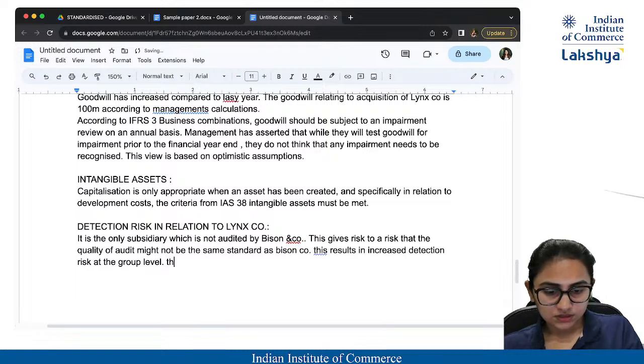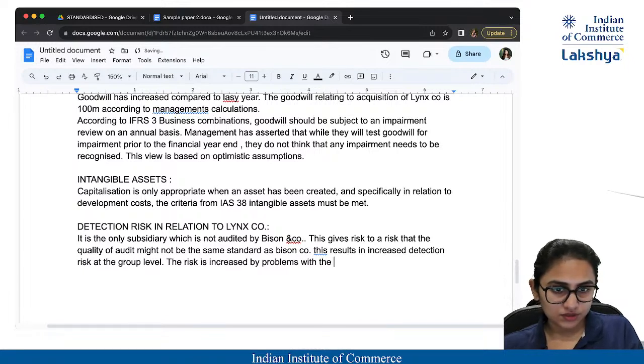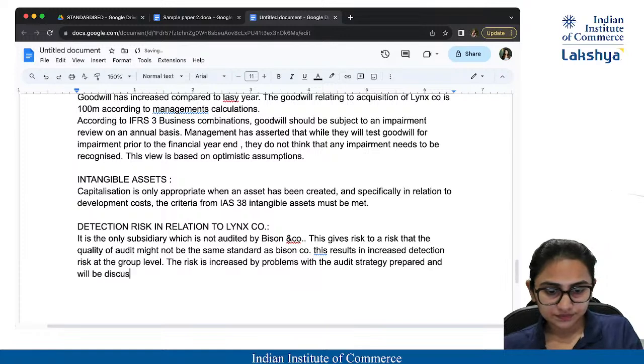The risk is increased by problems with the audit strategy prepared, and will be discussed later in the briefing notes.